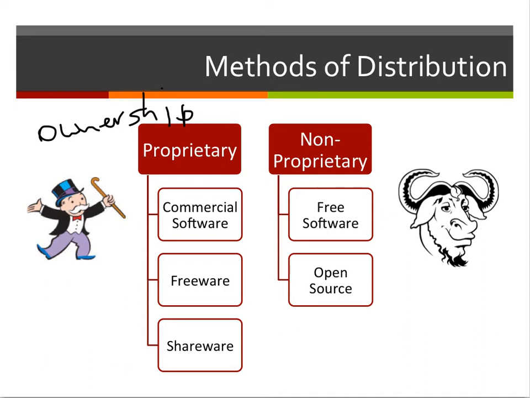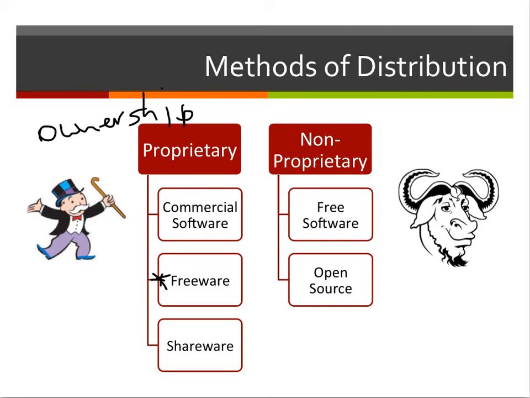We sell it for money. Freeware also sits underneath the proprietary software model. Now, even though freeware tends not to be sold for a profit, it still sits under proprietary software, and we'll talk a bit more about just why that is. And shareware is also another model, and there are other models that could fit in under proprietary software.